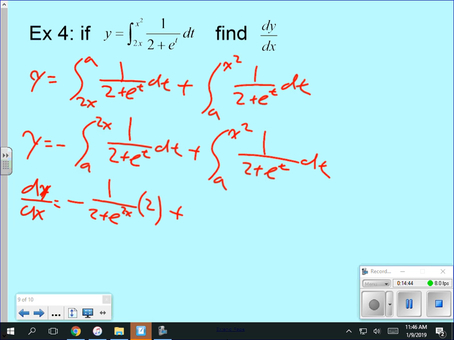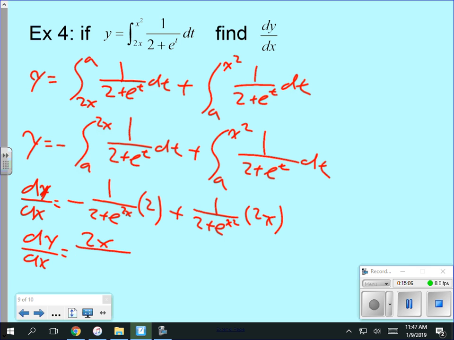Plus 1 over 2 plus e to the x squared times 2x. Plug in the upper bound times the derivative of the upper bound. And then if I really want to make it look a little prettier, 2x over 2 plus e to the x squared minus 2 over 2 plus e to the 2x. Just to kind of make it look a little prettier.